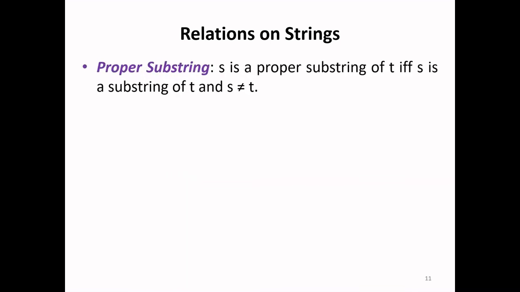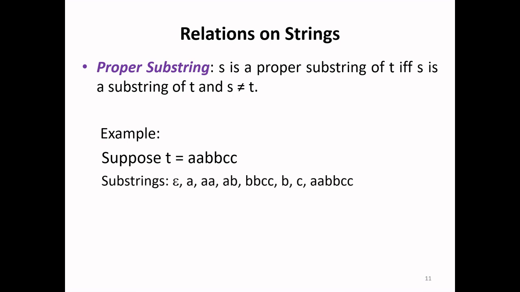So, next relationship, that is proper substring. S is a proper substring of T if and only if S is a substring of T and S is not equal to T. For example, suppose T is AABBCC.